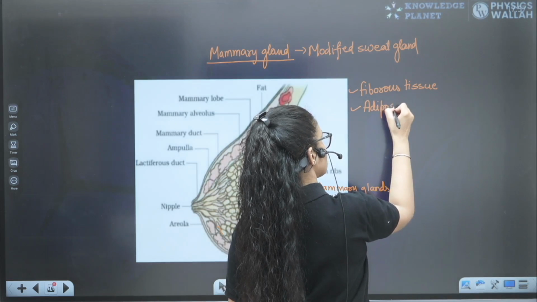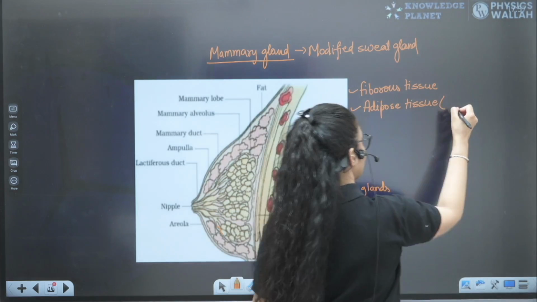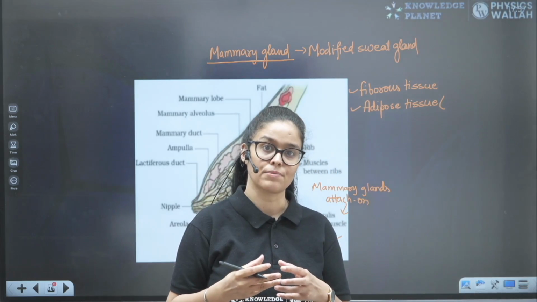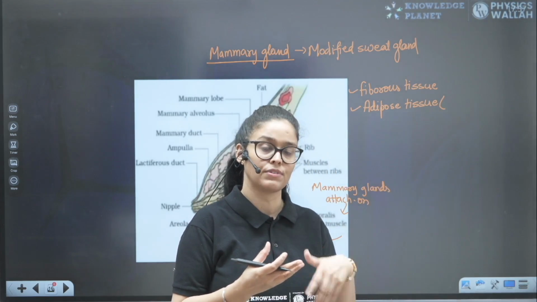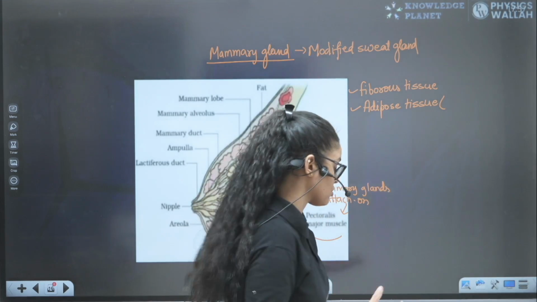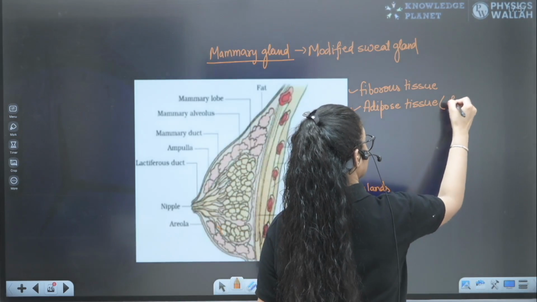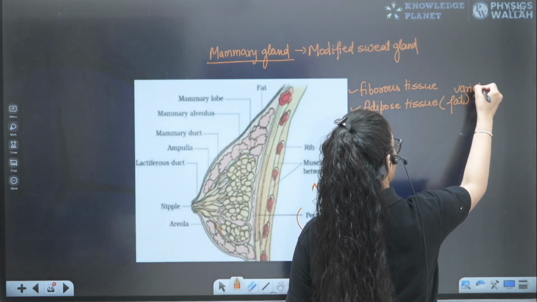Adipose tissue means fatty tissue deposited on the mammary gland, which helps in determining the size. The size of the breast is variable in all females, or the mammary gland is variable, because of the adipose tissue present in it, right? So this is the variable fat deposited in different females, right?